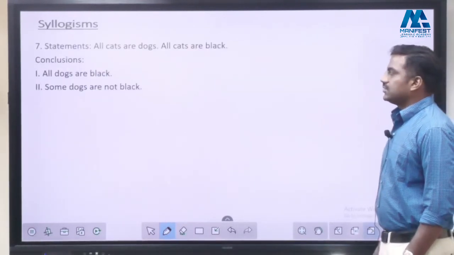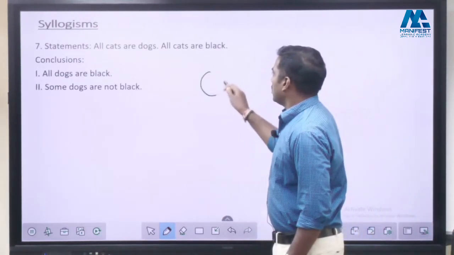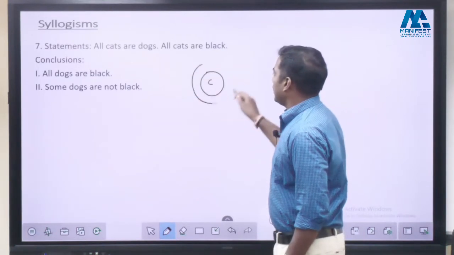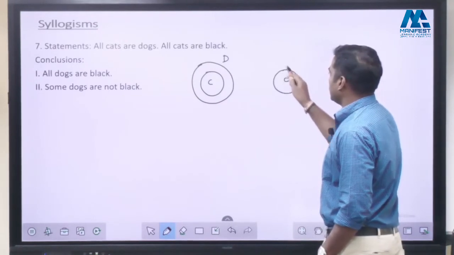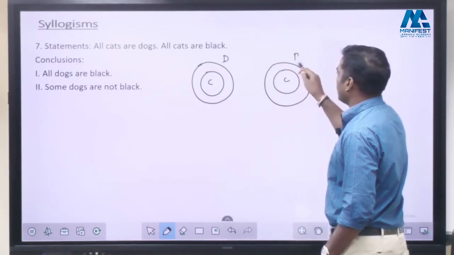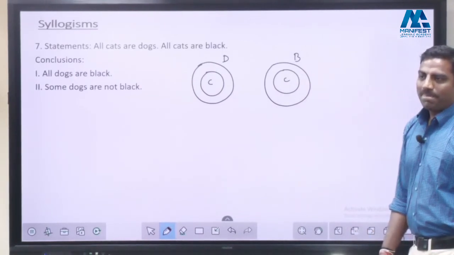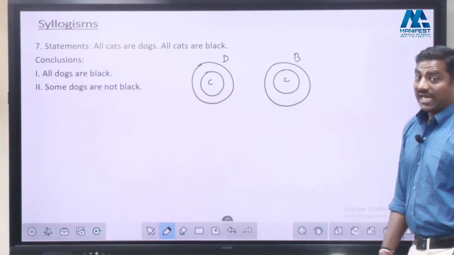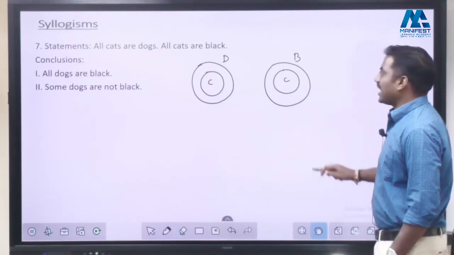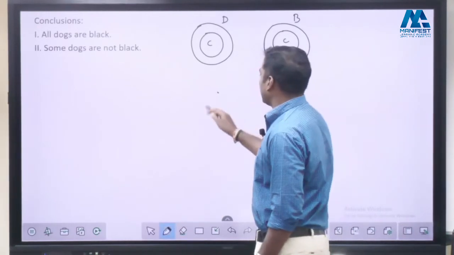All cats are dogs. And all cats are black. This is a special situation, you know. How do you write? Don't make unnecessary diagrams, but some of the diagrams are required here. So I'll keep this intact.